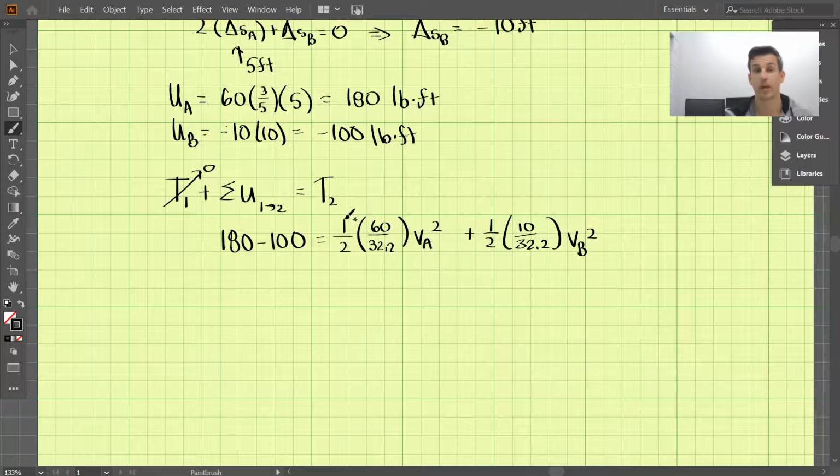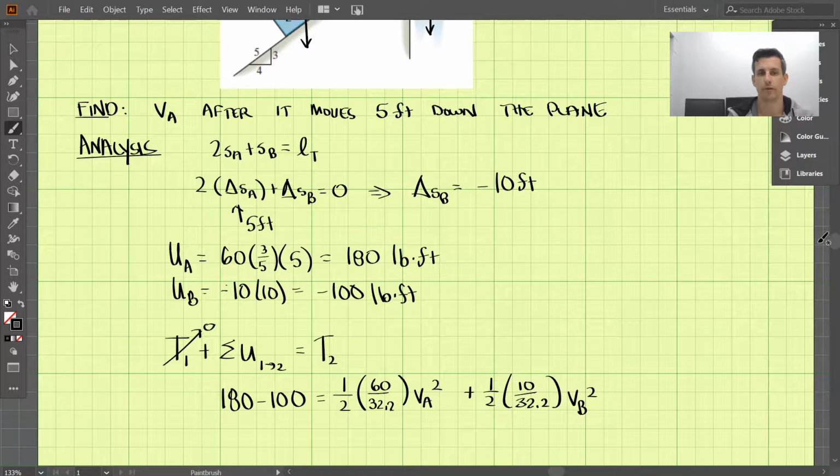All right, so this equation has two unknowns in it, but if we go back up to where we solved for this, we can also take a look at this equation, and we see that 2 VA plus VB equals 0. So we know that VB is equal to negative 2 VA.